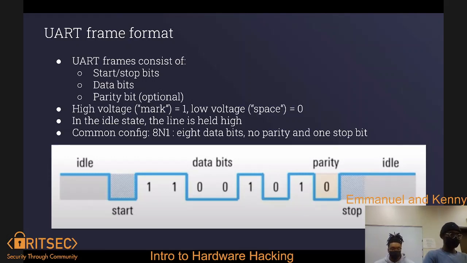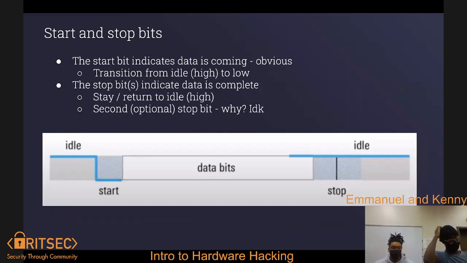So the first one is the start and the stop. There's not a lot of information. You send a start bit to indicate that data is coming, obviously, and that changes the voltage from high to low. The opposite happens for stop, which changes from low to high.